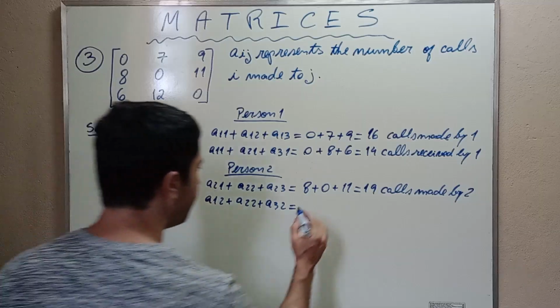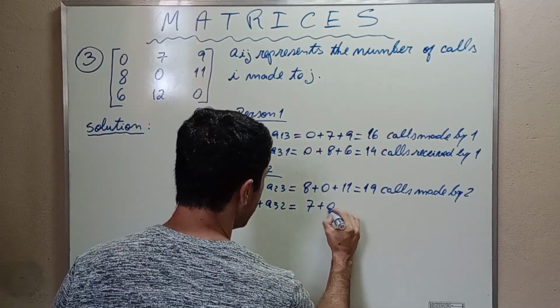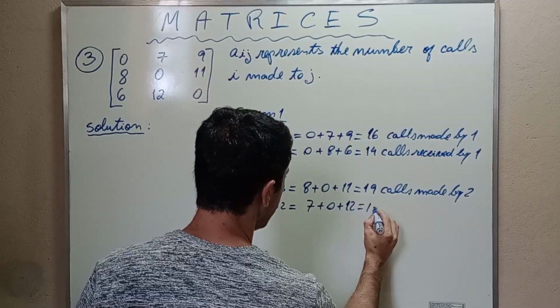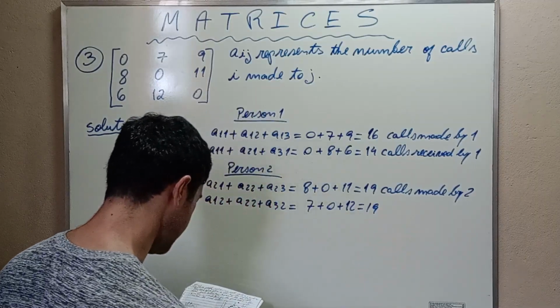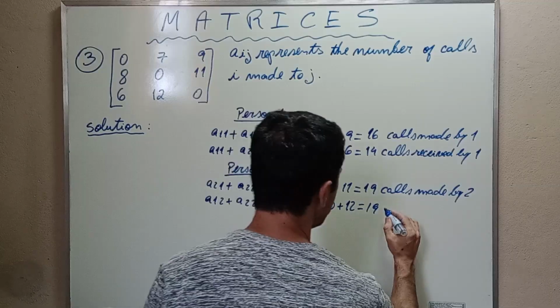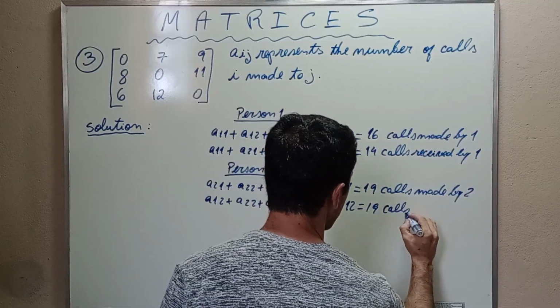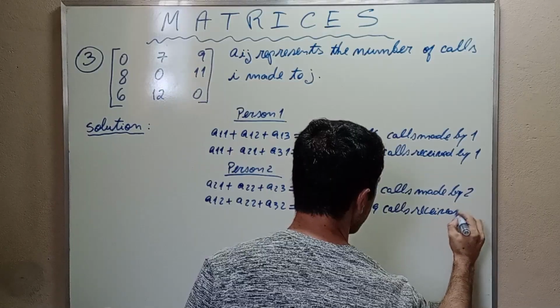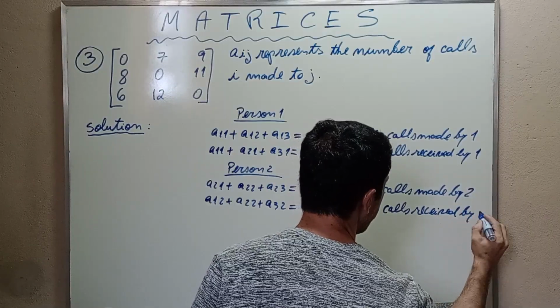So it is 7 plus 0 plus 12, and this is equal to 19 calls received by 2.